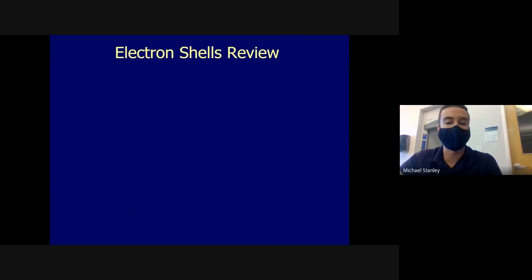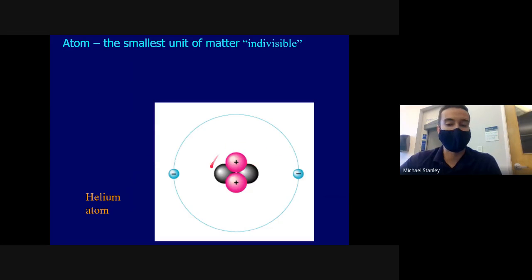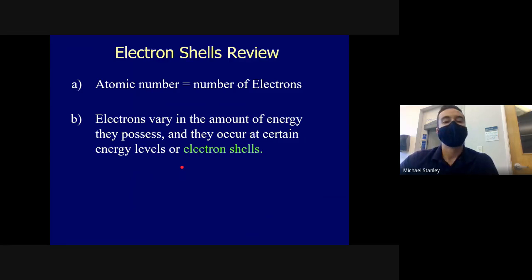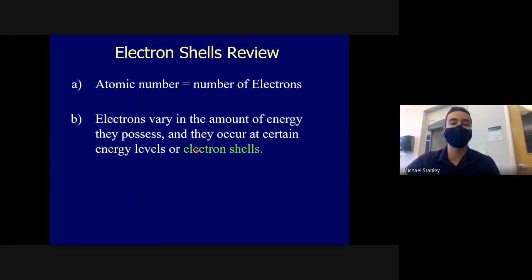So we want an equal number of positive and negative charges. So same protons as electrons. And they occur at these certain electron shells. So they're not just flying around all over the place on the outside of the atom. They're organized in a very specific way. They're at these different energy levels of the shells.